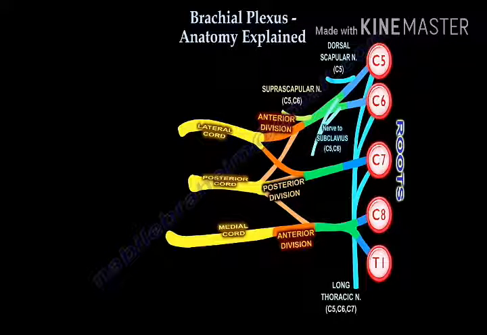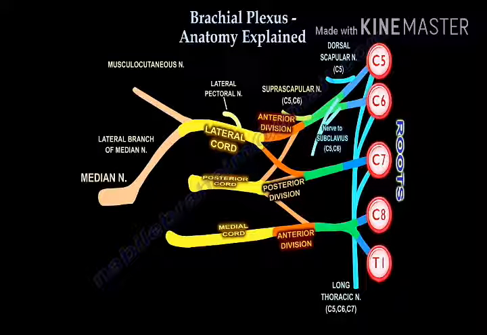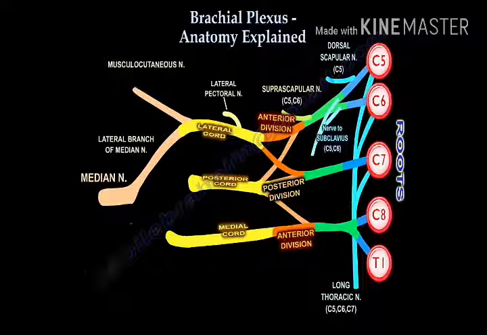So let's take the lateral chord, 3 branches: the lateral pectoral, the musculocutaneous, and the lateral branch of the median nerve. Just remember the lateral chord supplies the musculocutaneous nerve. How about the posterior chord?